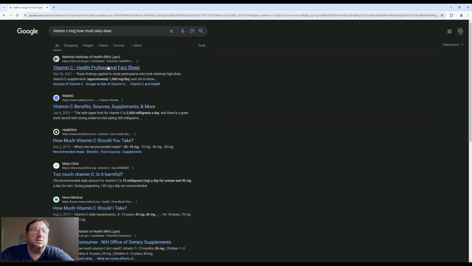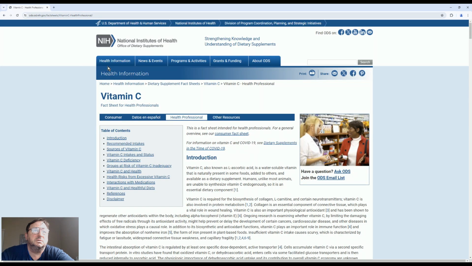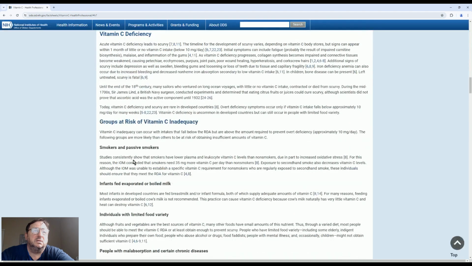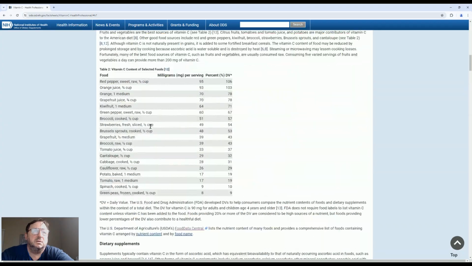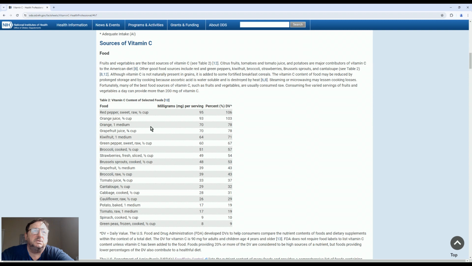And then vitamin C daily dose. Well, again, this is the government side. It gives you reference. And then vitamin C, you can follow this. You can make pictures. So that would be for one vitamin, this for a different vitamin.